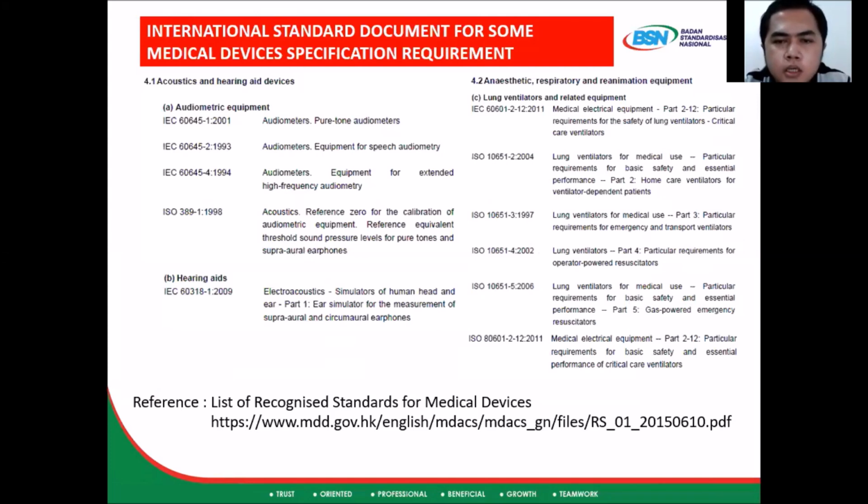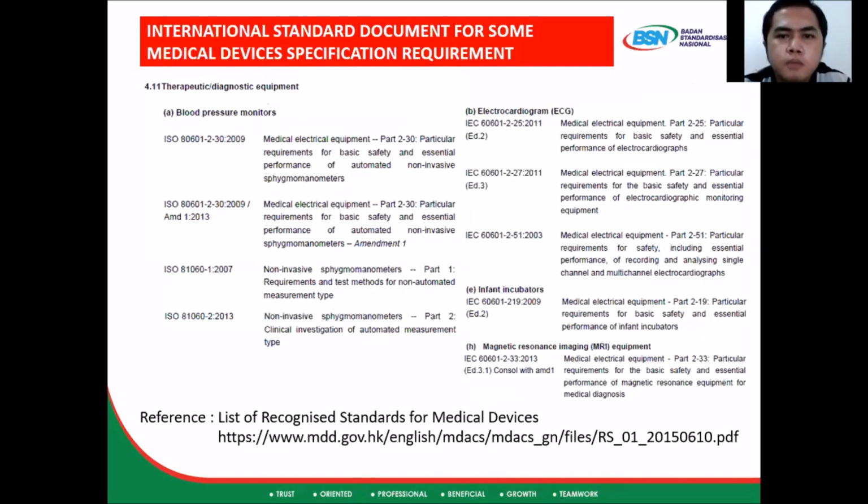I just show some examples of them, like audiometric equipment, ventilator, blood pressure monitor, ECG, incubator, MRI. You can look for many standards for the other medical devices from this link. You can download it for free.